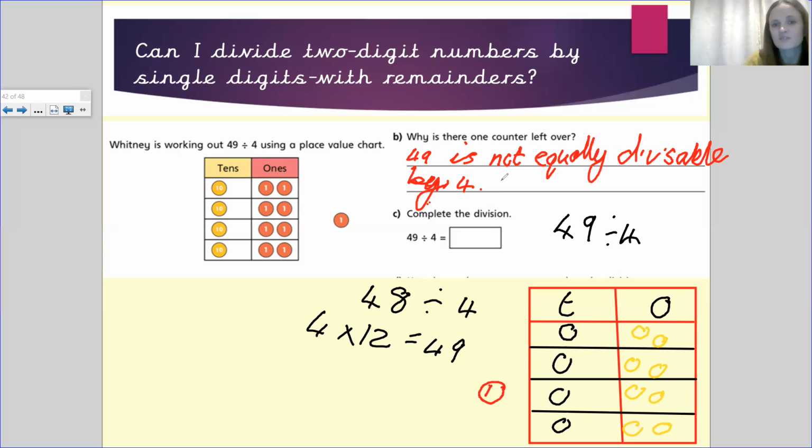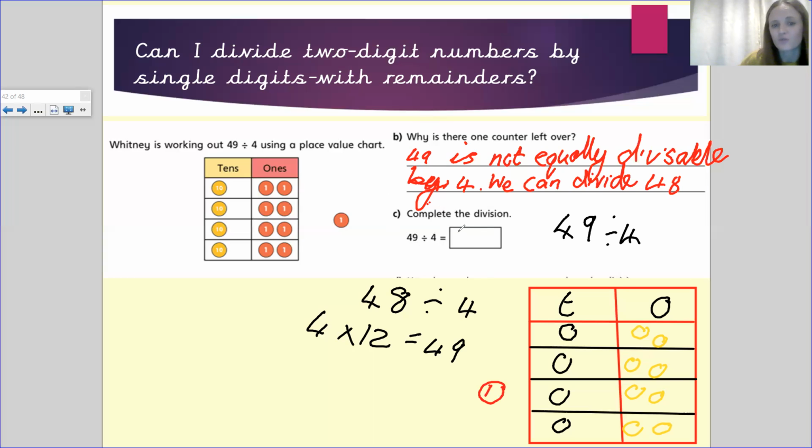Okay, we can divide 48 but not 49, because like I said, 1 cannot divide into 4 equally when we are just looking at whole numbers. So complete the division.